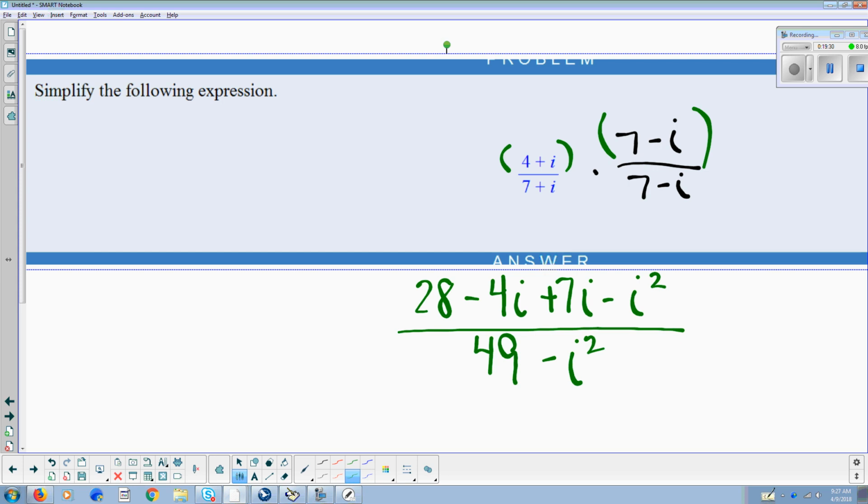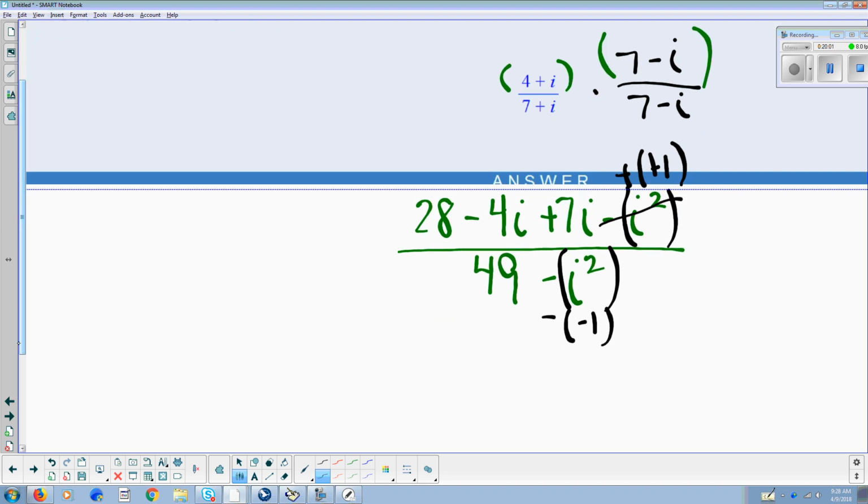Now what do we know about i squared? i squared always equals -1. So we're always immediately replacing an i squared with -1. So this is going to become minus -1 instead of minus i squared, in both the numerator and the denominator. And we know that minus a negative always becomes plus a positive.